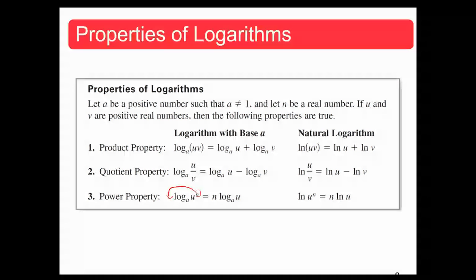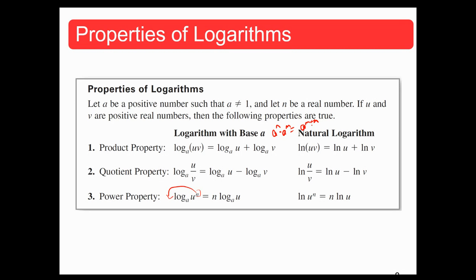Now, this looks strangely familiar. If you think about it, when we're trying to simplify a to the n times a to the m, we're really adding those two exponents. So that would be a to the m plus n. So notice that they have something similar. When you're multiplying, you're going to add them.